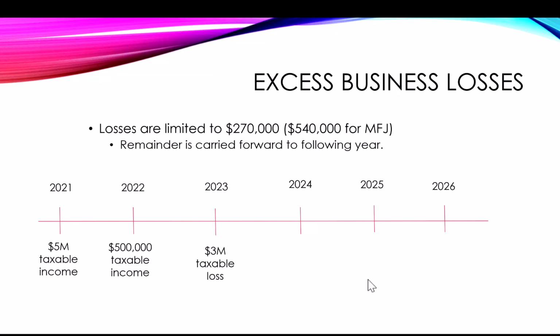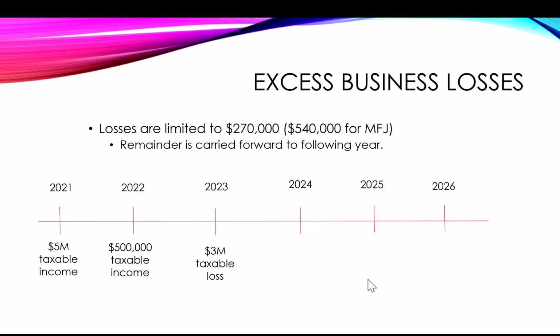So let's review an example where we have a married couple that has been operating a Schedule C business for a couple years now. Let's assume that the business generated $5 million worth of taxable income in 2021, and it generated $500,000 worth of taxable income in 2022. But the business suffered a loss of $3 million in 2023.